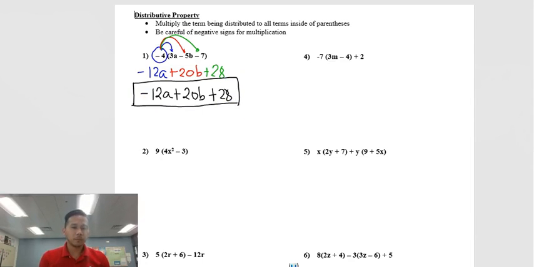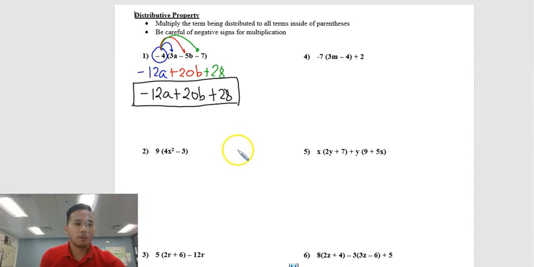Next is the number 2 problem. We have to distribute 9 to 4x squared and to negative 3.